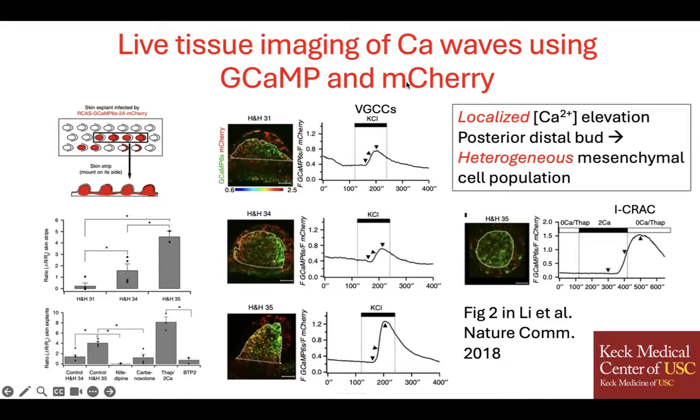And mCherry, which is a red protein. The GCaMP reports changes in calcium, and that is normalized to the mCherry level, essentially to normalize to protein expression, which can be variable from cell to cell. So a ratio of these two plotted together gives some indication of how high the calcium level has risen, okay?